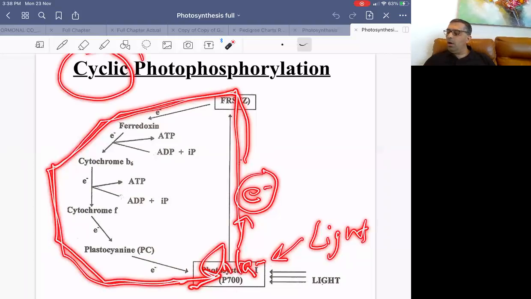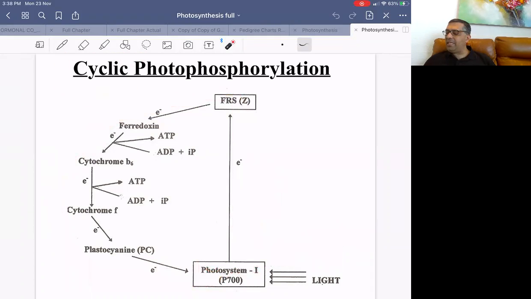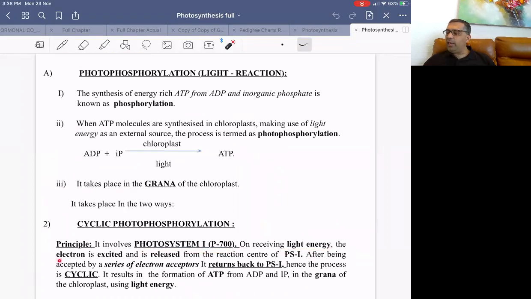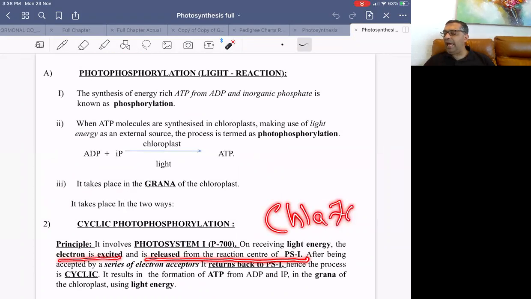So here photosystem 1 P700, on receiving light energy, the electron is excited and released from the reaction center of PS1. PS1, in other words, chlorophyll A 700 में से electron निकल के जाता है. And chlorophyll A 700, on losing the electron, becomes excited.